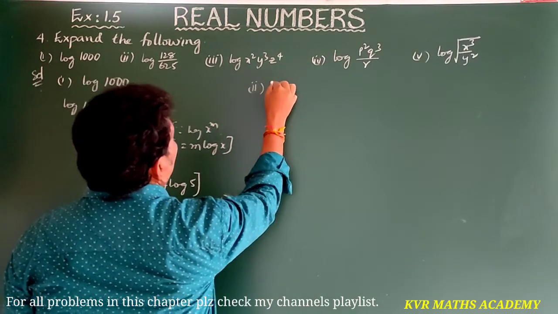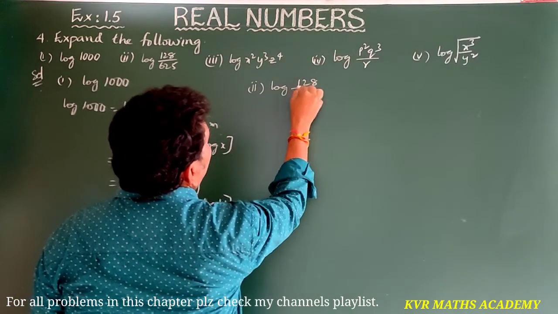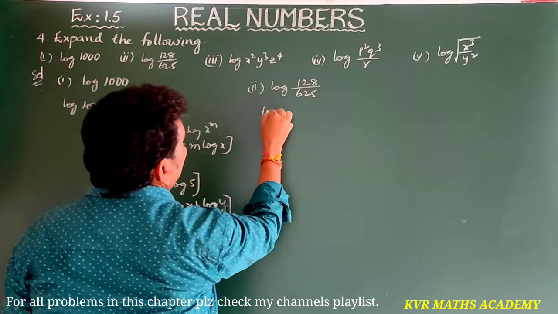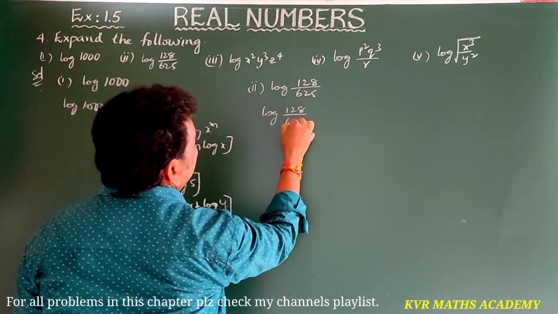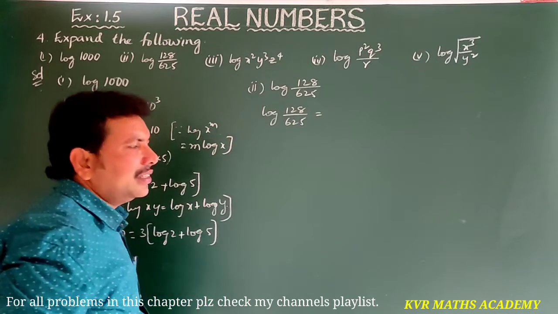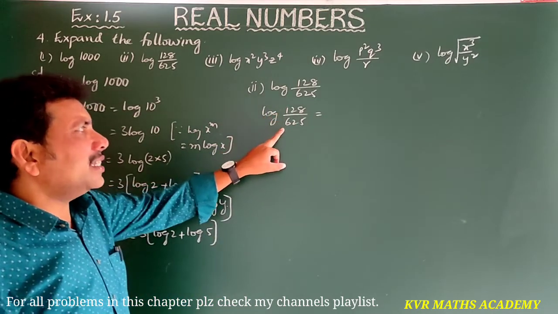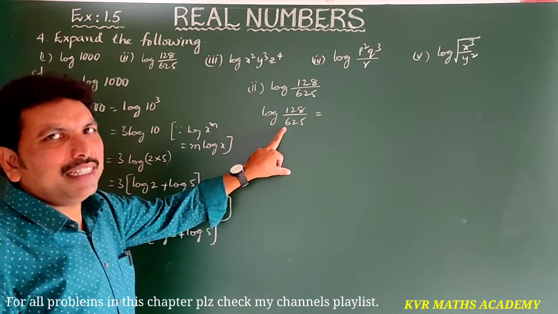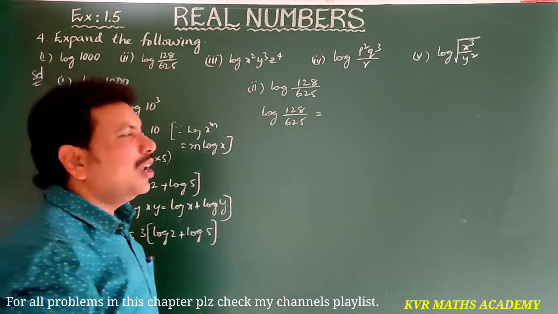Second one, log 128 by 625. How can you write it? Log x by y is equal to log x minus log y.